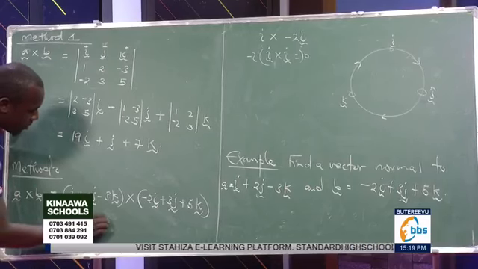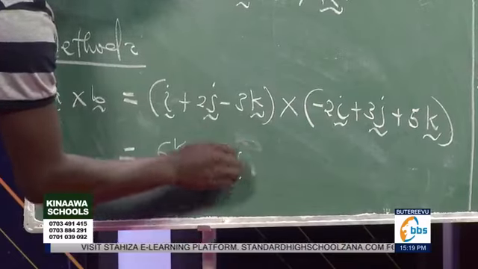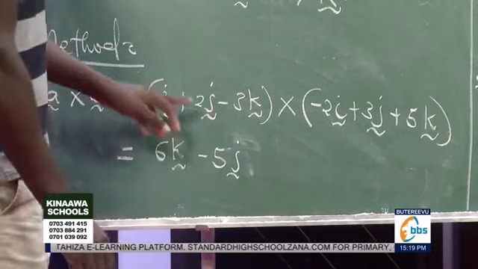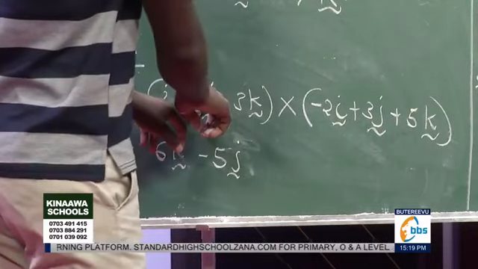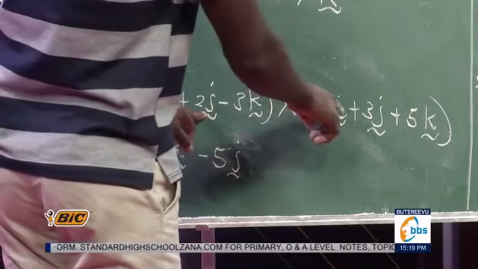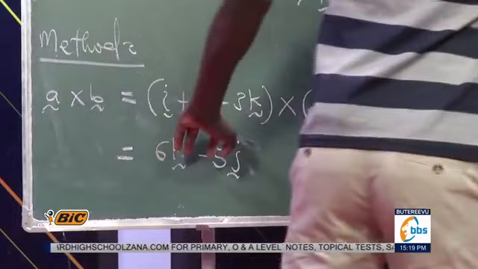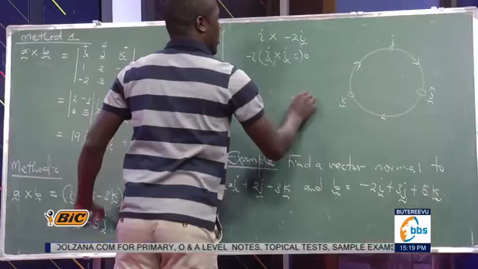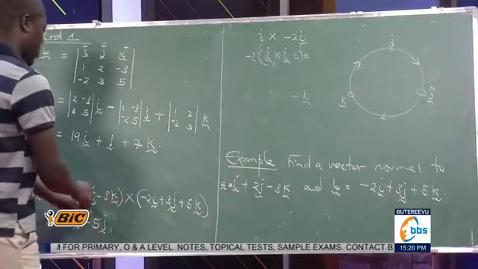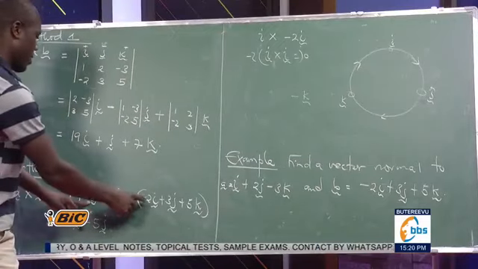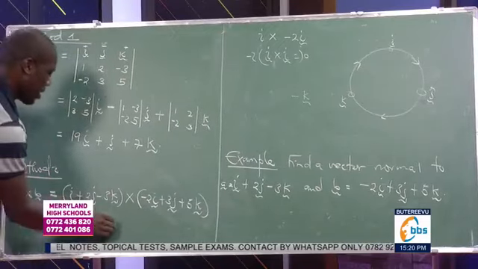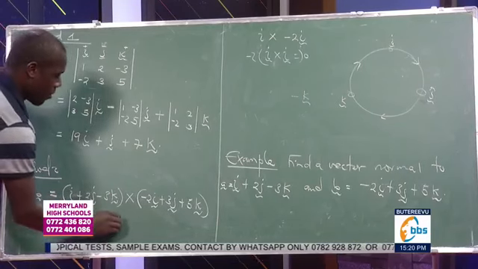So minus 5J. Then we come to this J and the I. J and I, that is negative K. So J and I negative K, but we have this and that, that's negative 4.